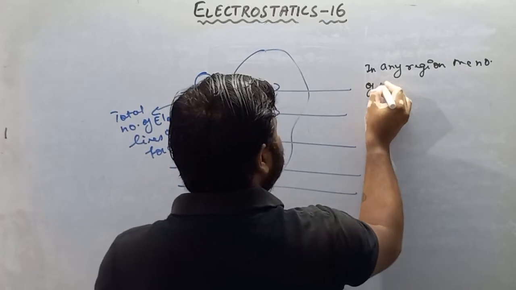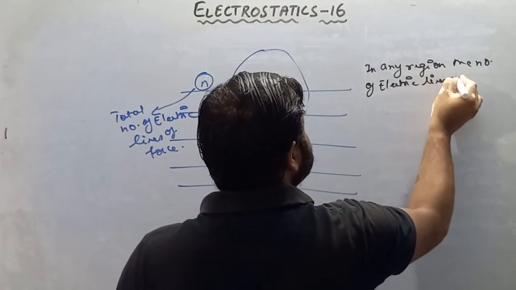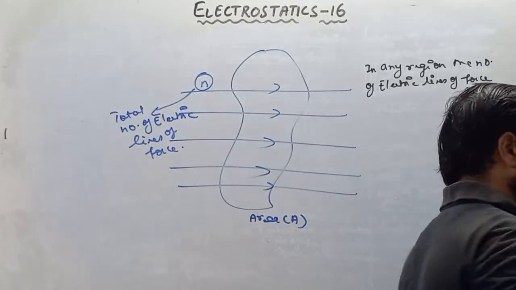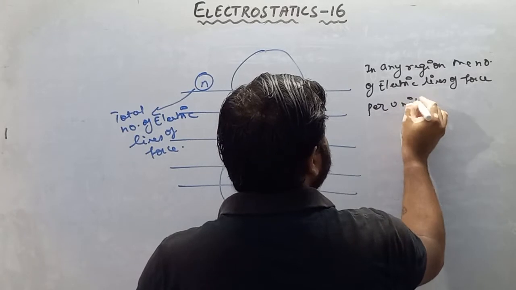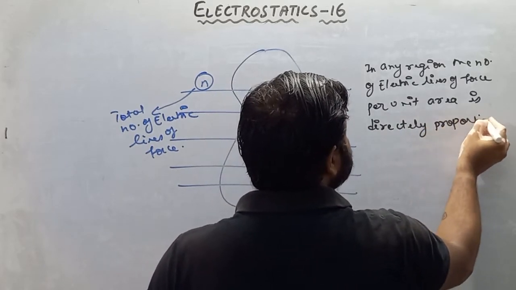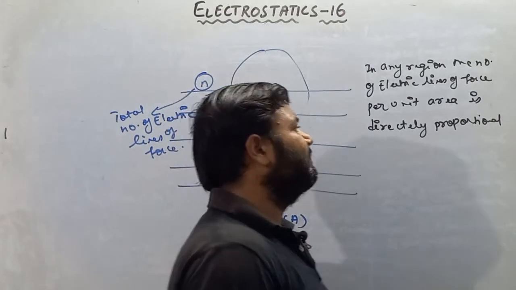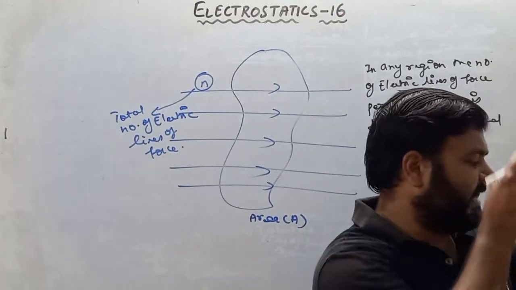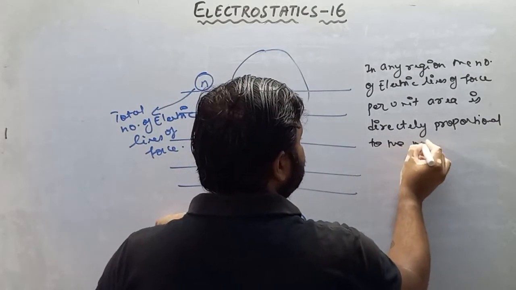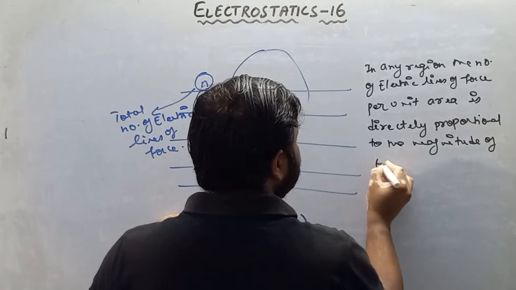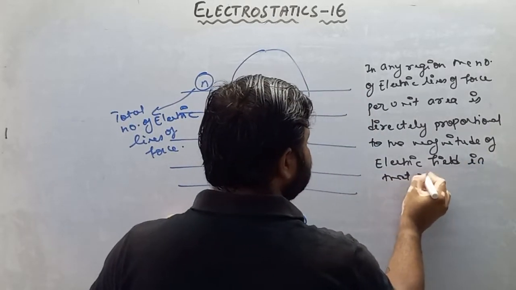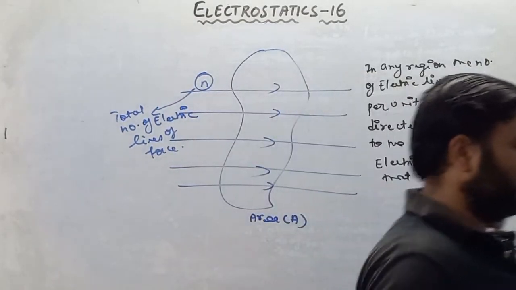So write down, in any region, the number of electric lines of force per unit area is directly proportional to the magnitude of electric field in that region.